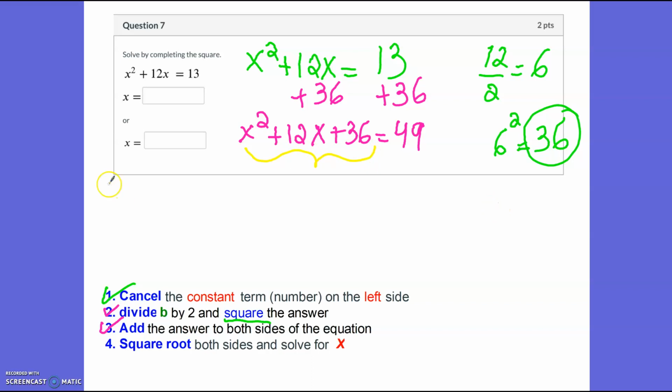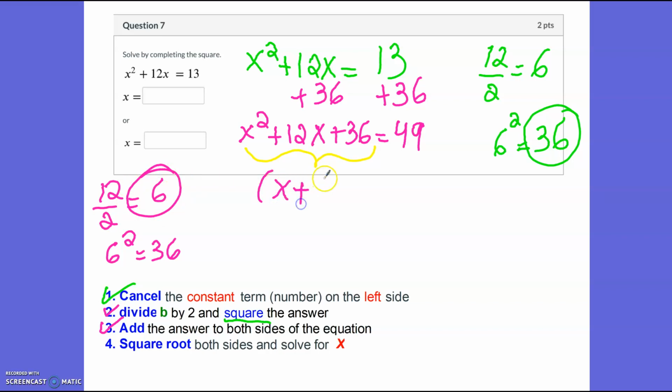I know that 12 divided by 2 equals 6, and 6 squared is 36. So yes, this is a perfect square. So I am going to use the number 6: x plus 6 squared equals 49. 6 plus 6 equals 12x. 6 squared equals 36.